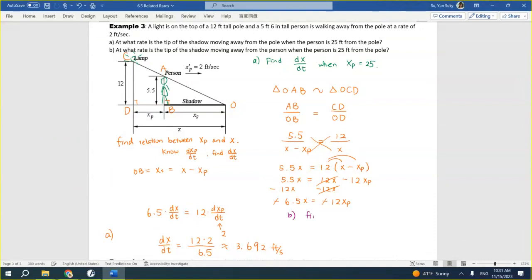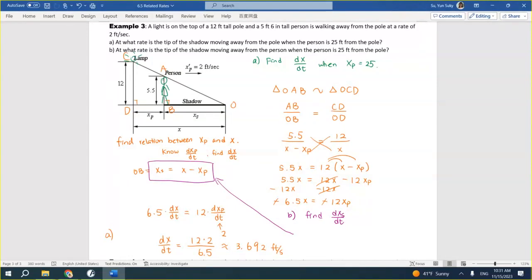So part B, we want to find dxs/dt. Look at this part. See, this is the relation between xs, x, and xp. Now we know dx/dt and we know dxp/dt. So we can differentiate this side.